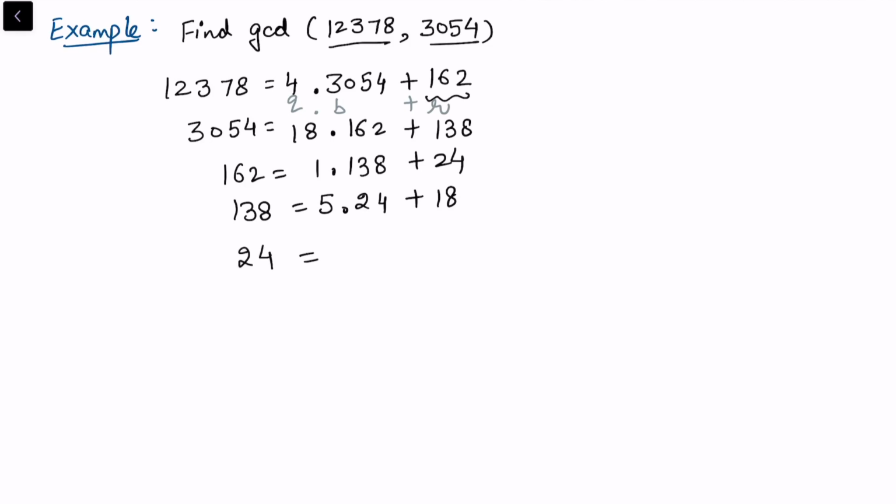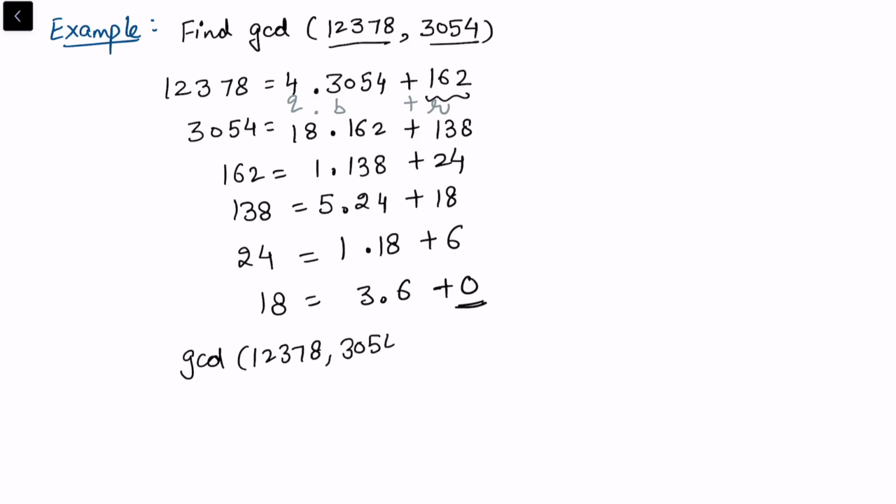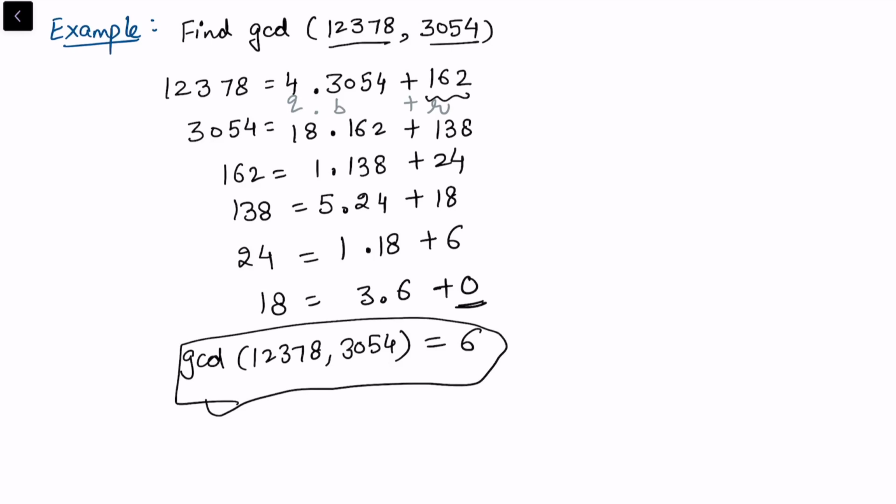And so I'll keep 24 on this side, dividing by 18, this is 1 into 6, and then I get 18 is 3 into 6 plus 0. So you can see that this process is finite, it has terminated. So we can see that the greatest common divisor of 123783054 is the last remainder, that is 6. So this is the greatest common divisor of these two numbers.